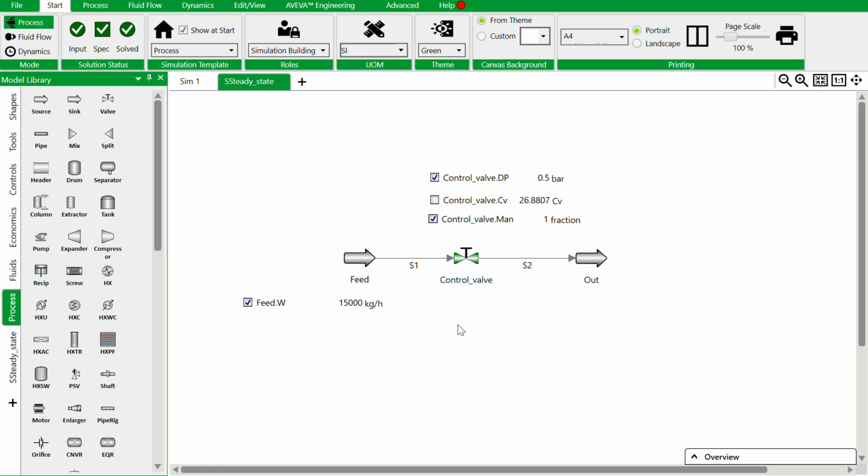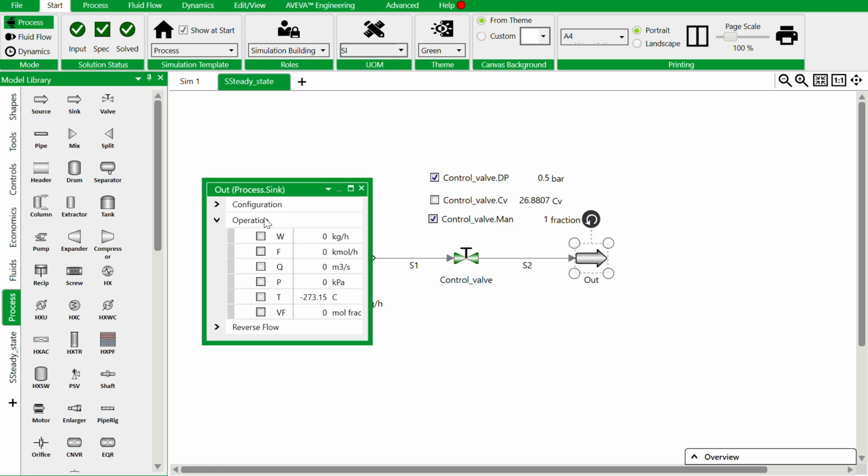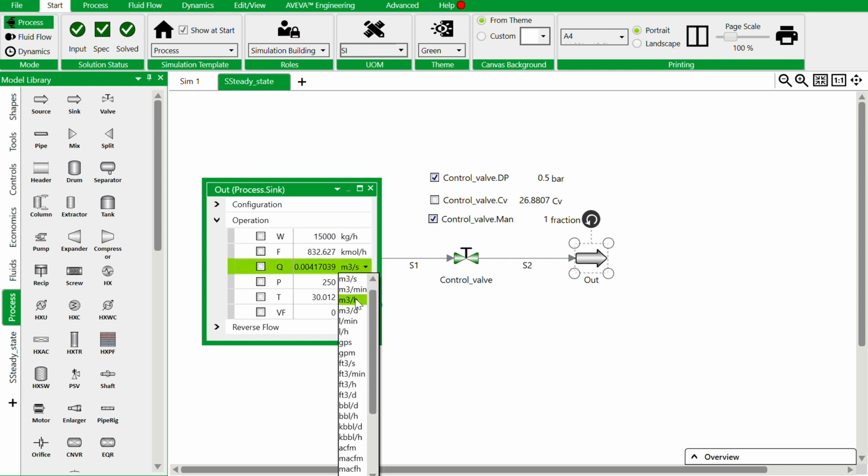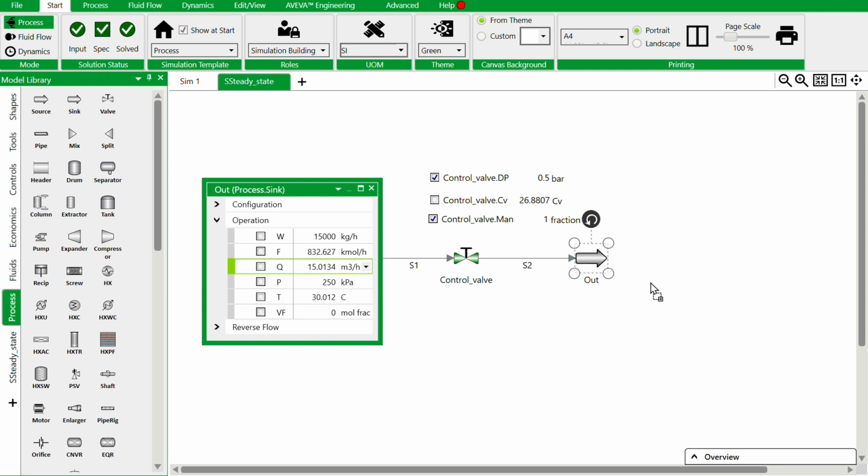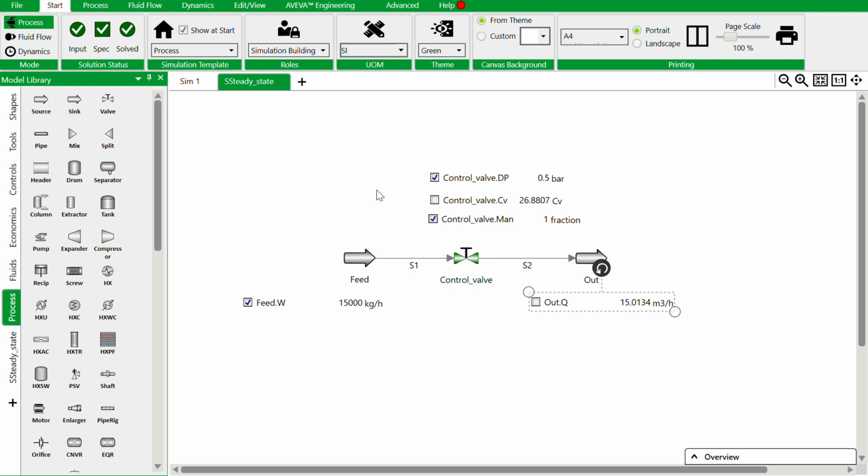Based on the outlet, we can select the flow rate Q in meter cube per hour, which can be taken here. So now in steady state, this model is solved.